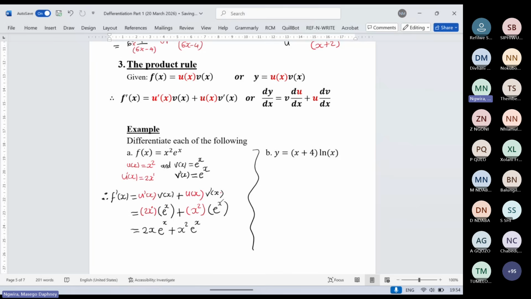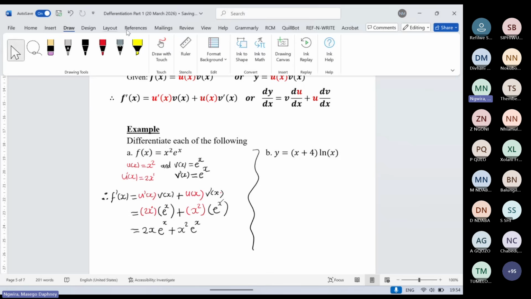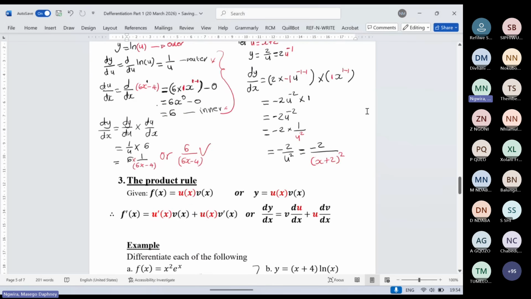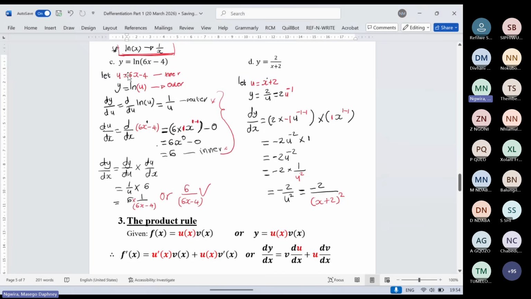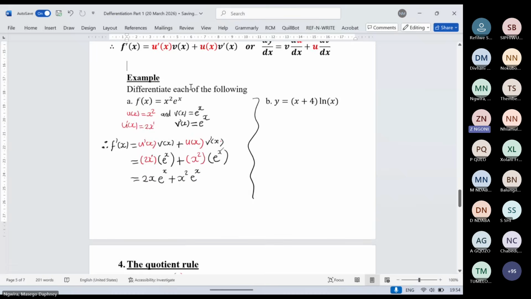No, I just gave it. It doesn't have to be. It's not fixed. Remember here, I said let, it means that you are letting it. It's not always like that. No, I'm talking about the product rule, but then I'm referring to the chain rule.